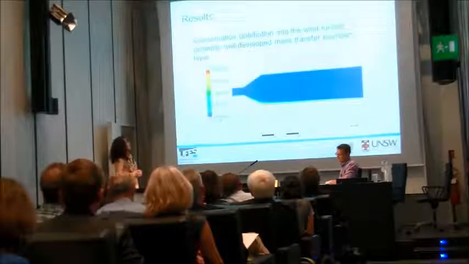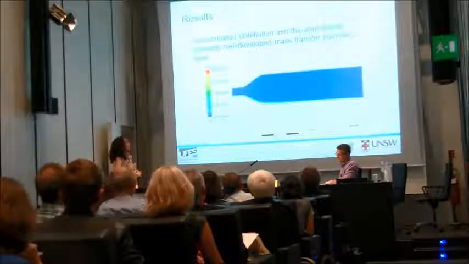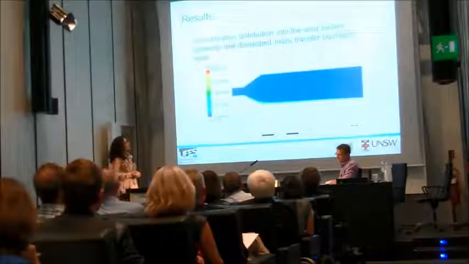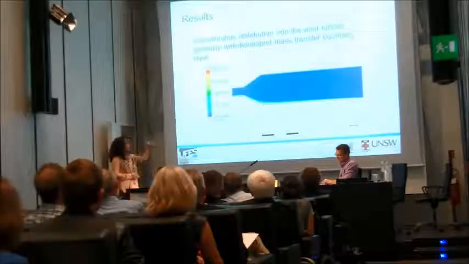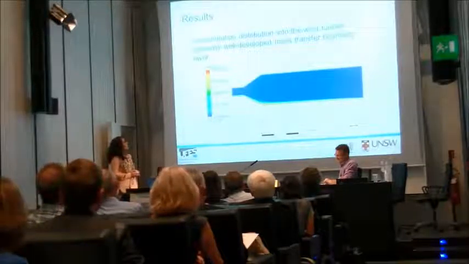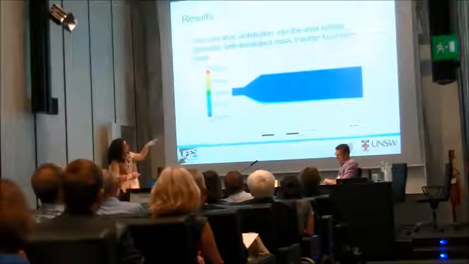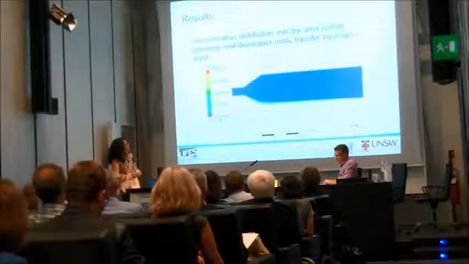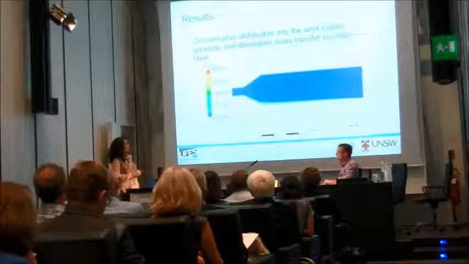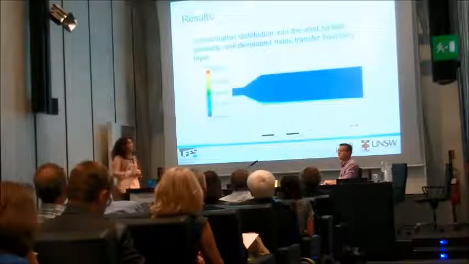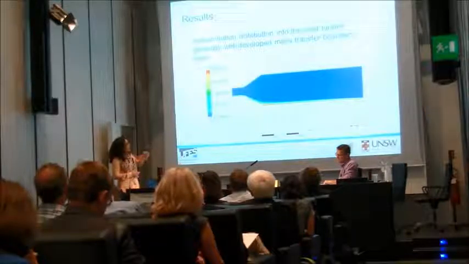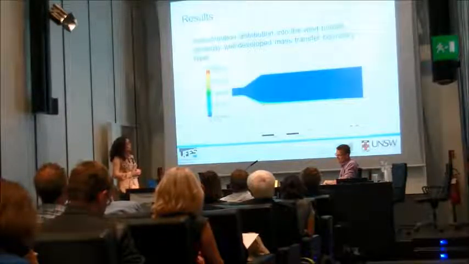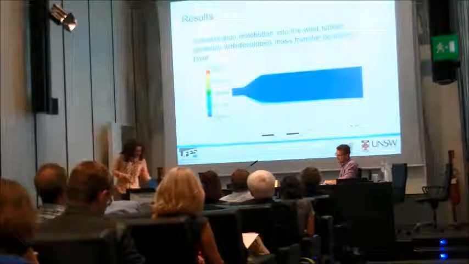So we tried to evaluate the concentration distribution inside the wind tunnel. Again, it's in the symmetry plane. And we found that the concentration at the outlet is not uniform. I would like it to be because of the measurements, but it's not. So we have a very intense gradient close to the surface, to the liquid surface.